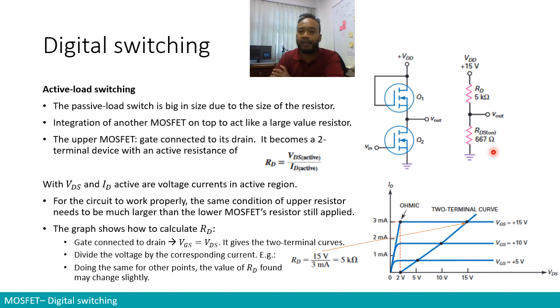So it can function as the one that we've seen in the previous slide, where the current goes through this direction when the bottom MOSFET is on, and it goes through V output when the bottom MOSFET is off, becoming a digital switch or inverter.